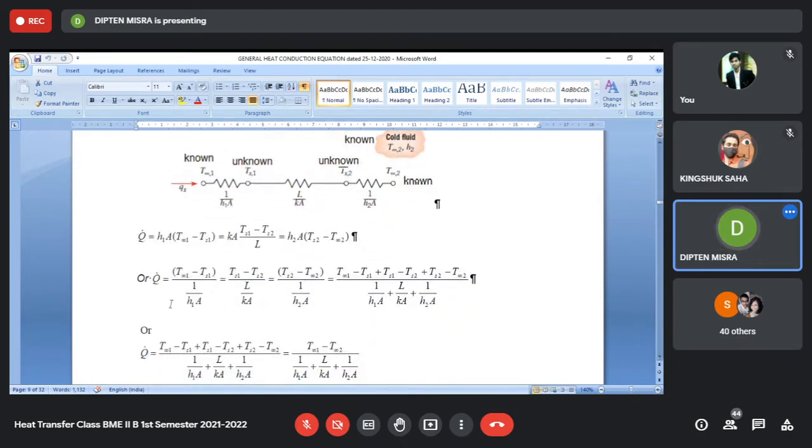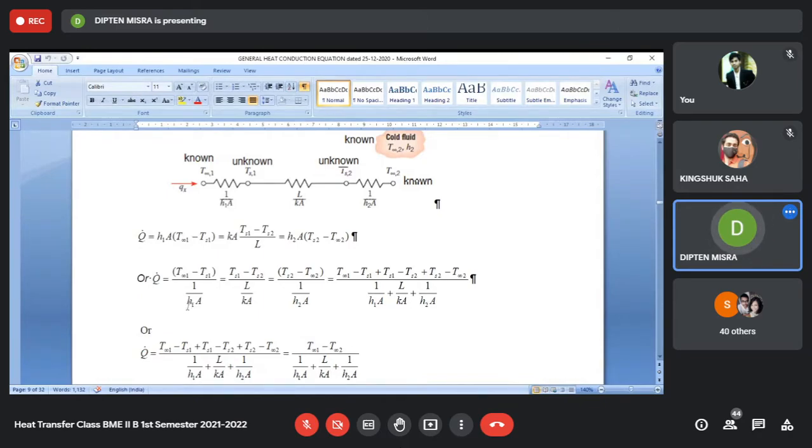So it is a convective resistance offered by the left hand side fluid, and the smaller the value of h, the smaller the value of A, the larger will be the resistance. Now for a given geometry, if the value of h is small, then the resistance will be large.